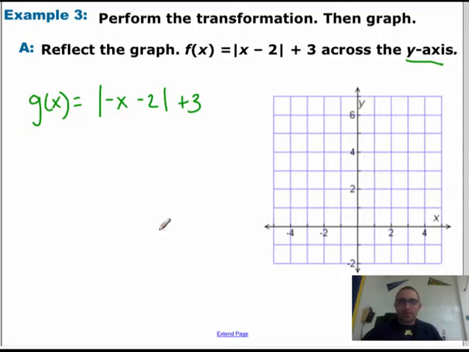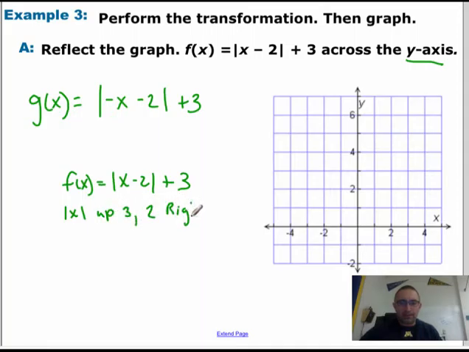and if I want to see this graphed out, I can start with what happens when I graph the original function, which is the absolute value function moved up 3 and to the right.